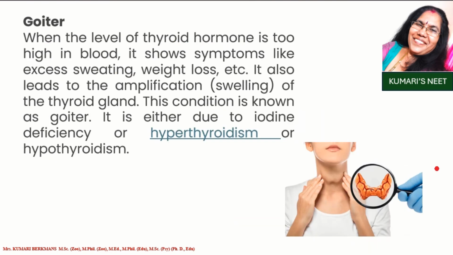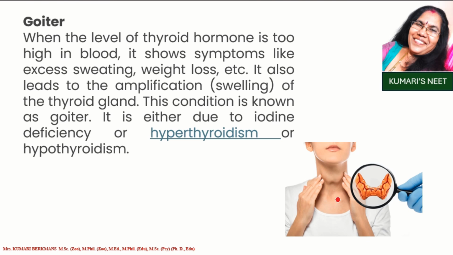Next one is goitre. When the level of thyroid hormone is too high in the blood, it shows symptoms like excess sweating and weight loss. So from the symptoms itself we can understand something happens to the thyroid gland. It also leads to enlargement, that is the swelling of the thyroid gland.